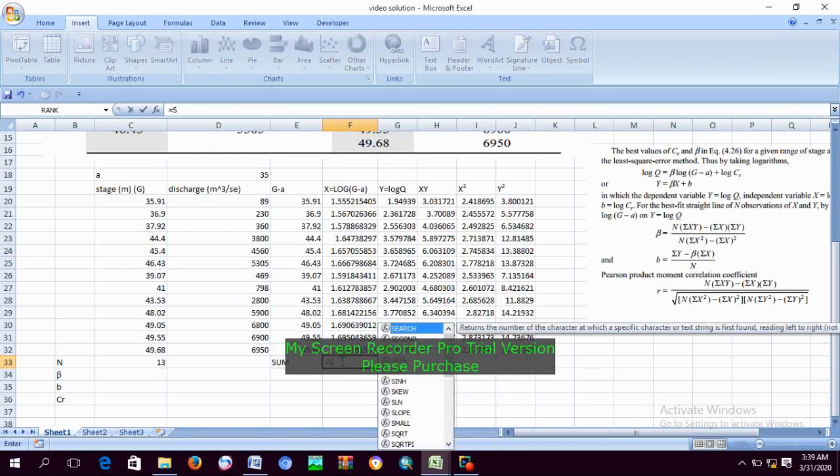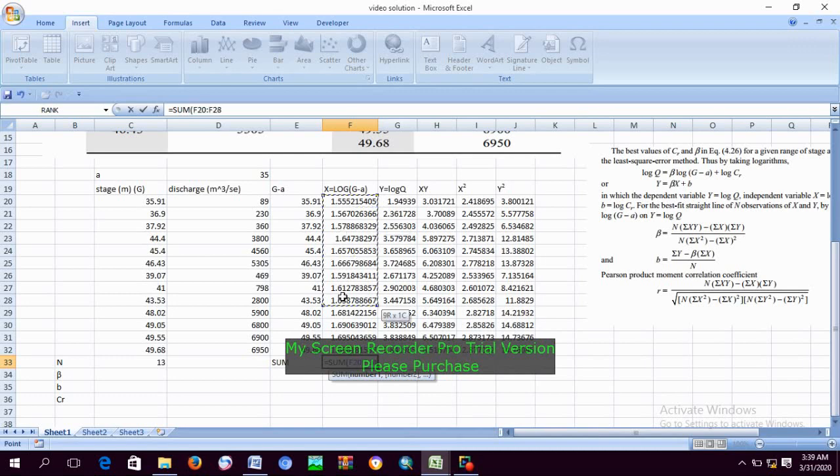Double click and just drag, and it is the sum. It is also the sum of this column.